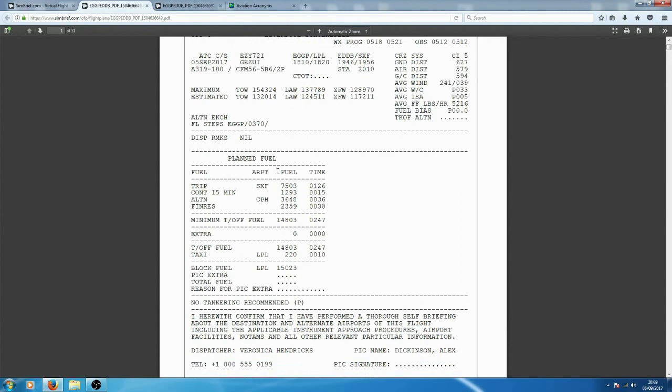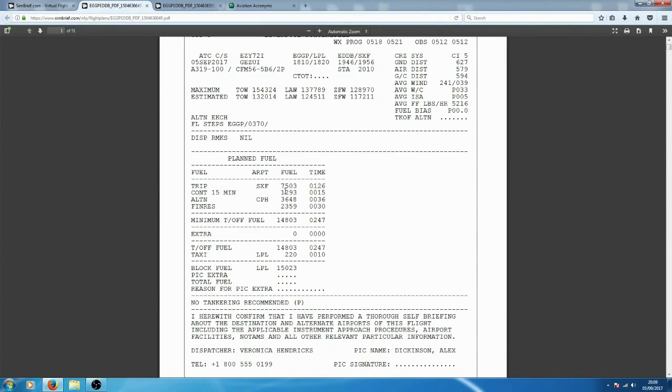ARPT means airport. Fuel means fuel, time means time, pretty simple. Trip fuel is the fuel that you're going to use from A to B, so in which case today, Liverpool to Berlin. And it's coming up with SXF for our airport code. So we're going to use 7,503 pounds worth of fuel, which will last 1 hour and 26 minutes to get to Berlin from Liverpool.